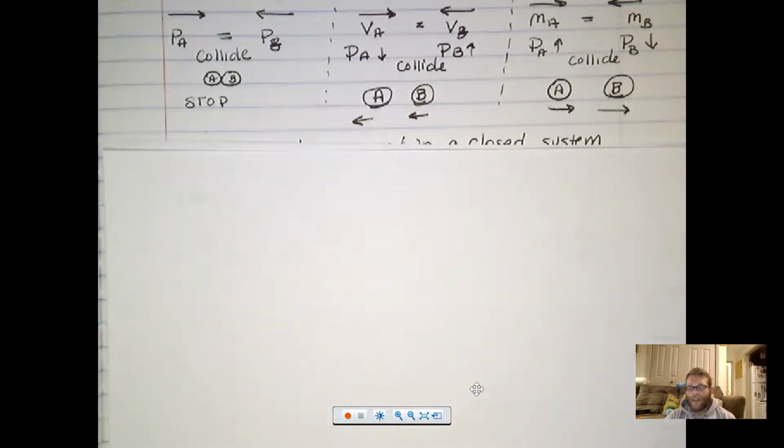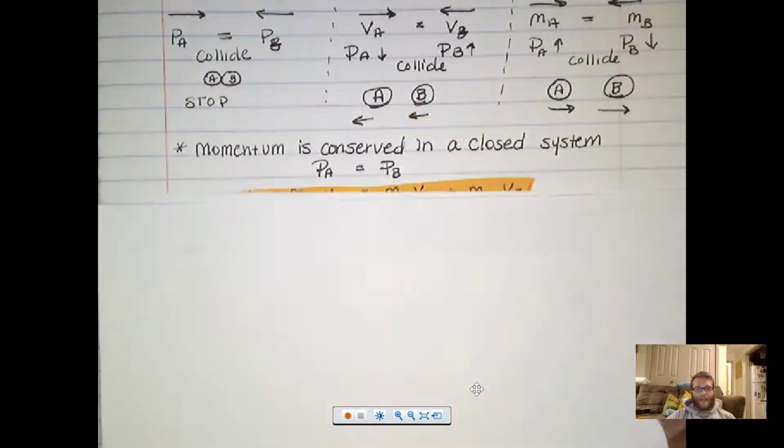Okay? So one unique thing about momentum that separates it from other stuff we've talked about is that we can actually calculate the momentum of objects before they collide with each other and the momentum after they collide, and we can see what that changes in terms of the object's velocity, as well as the object's overall momentum. Okay.